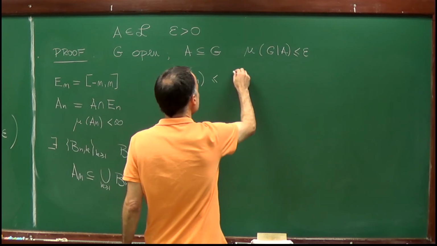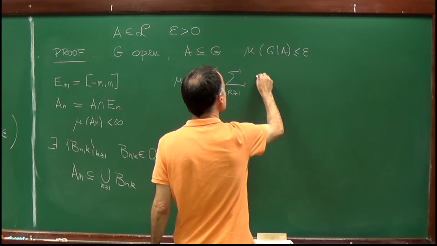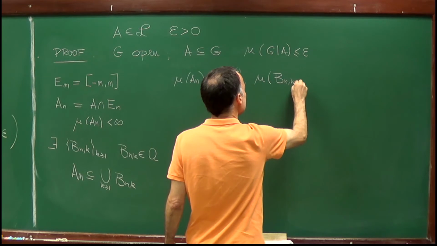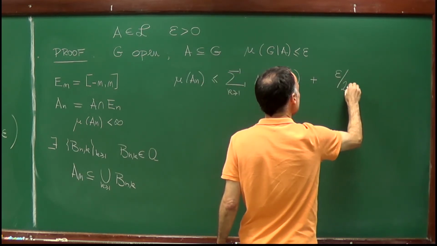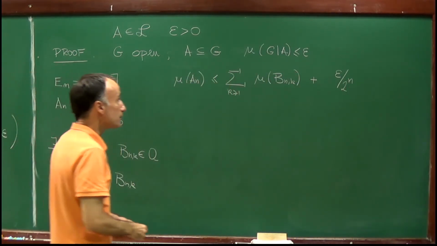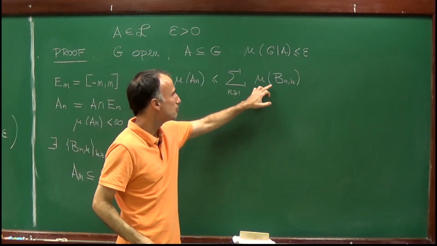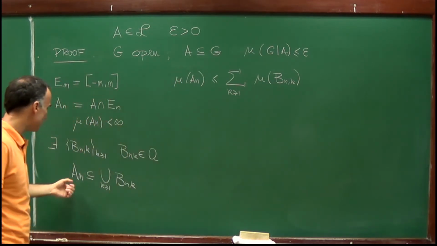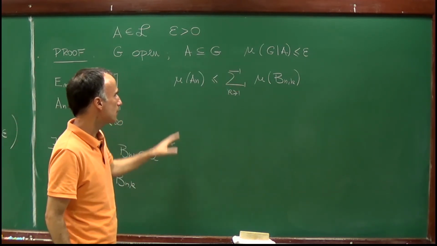Mu of A_n is bounded by the sum over k greater or equal than 1 of mu of B_{n,k}, and this is less than mu of A_n plus epsilon divided by 2^n.